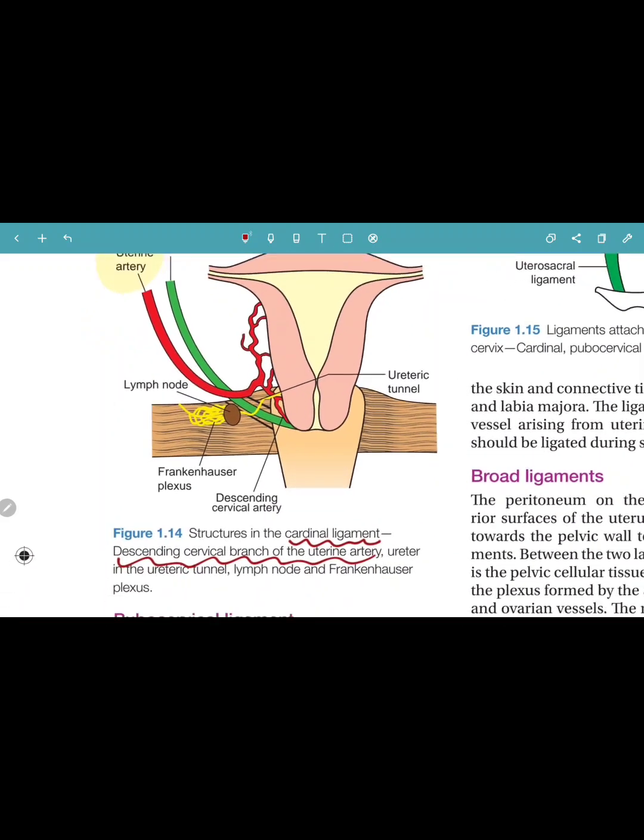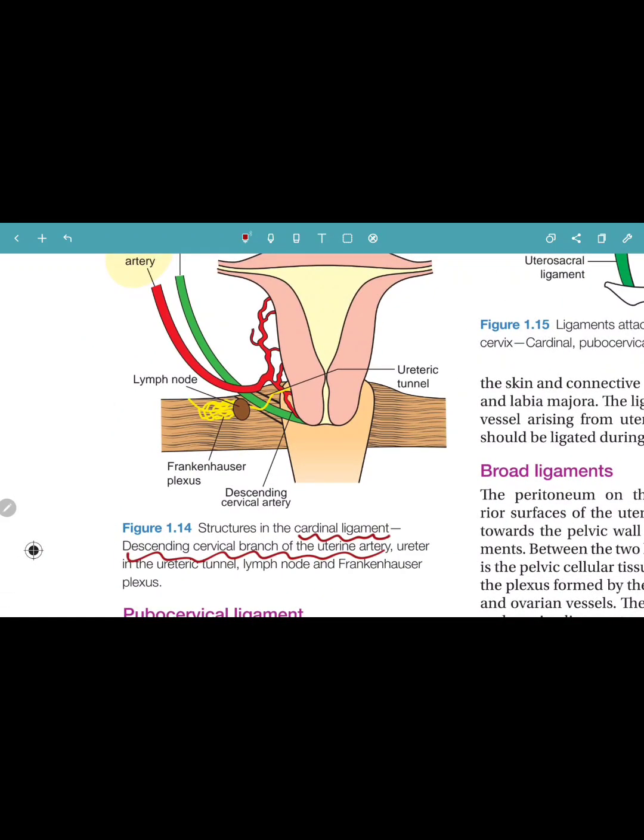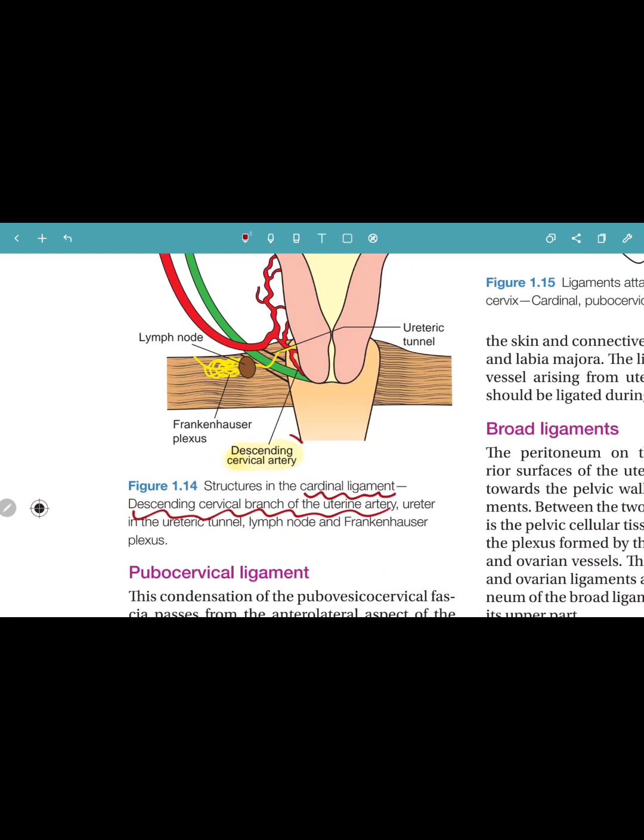So the descending cervical artery is a branch of your uterine artery. That is a structure in the cardinal ligament.